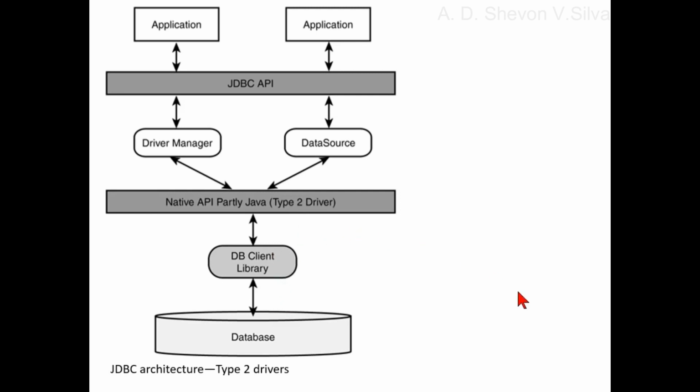This architecture can be seen in this figure. Type 2 JDBC drivers translate JDBC calls into native DBMS APIs.